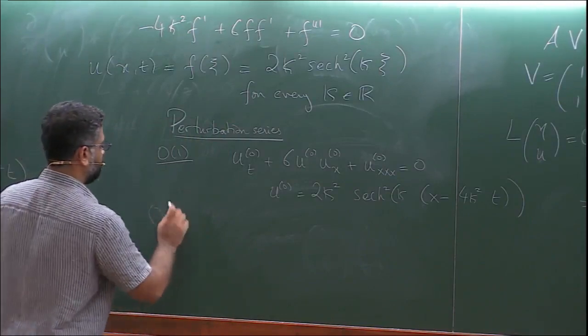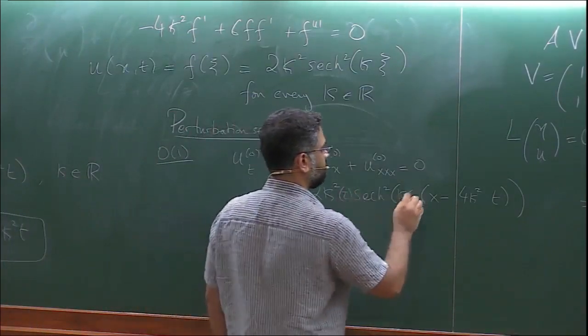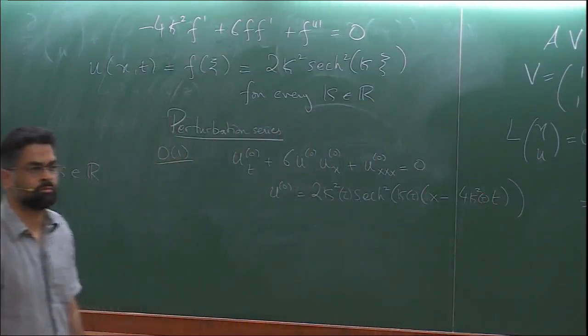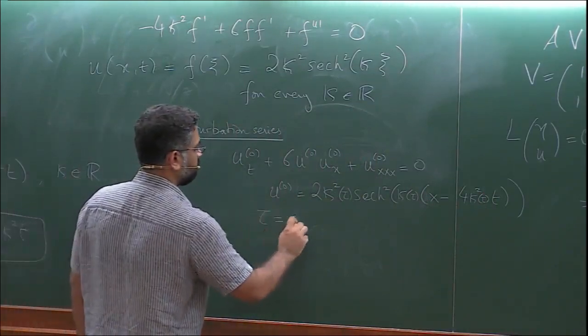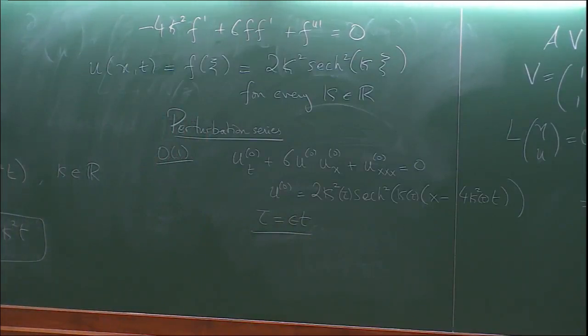And so before we go to the order epsilon problem, let's make this a function of tau. What is tau? A slow time. Why did I choose epsilon t? Because I know at the next order I'm going to get this contribution from the epsilon over here. And so I'm just going to modulate my time.